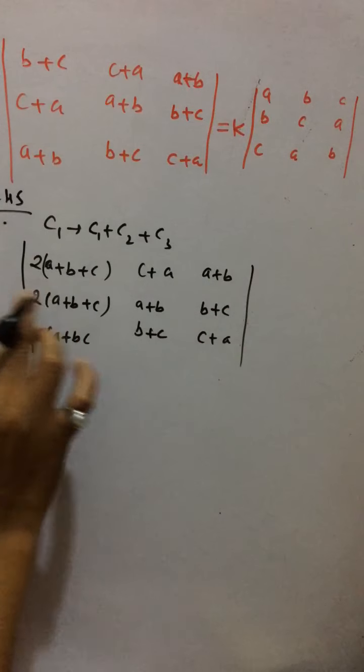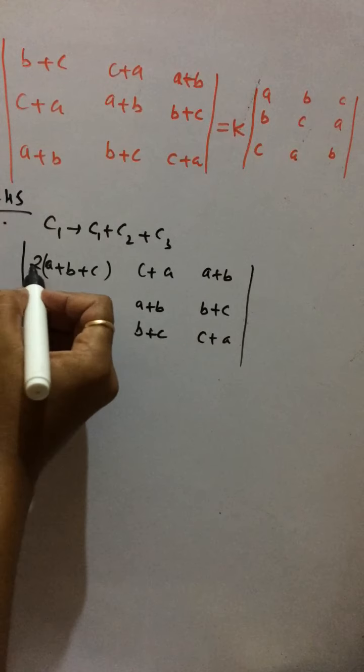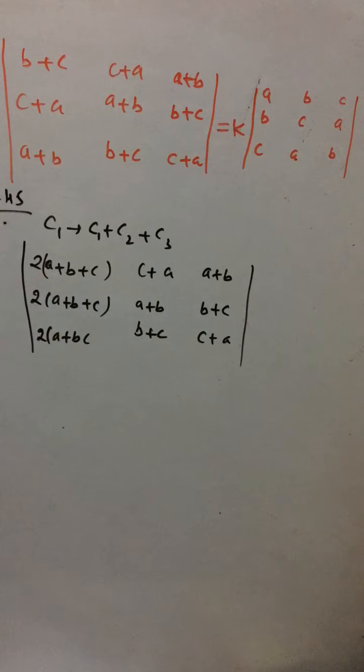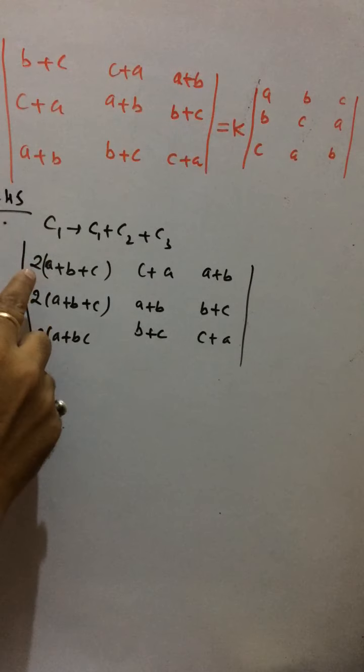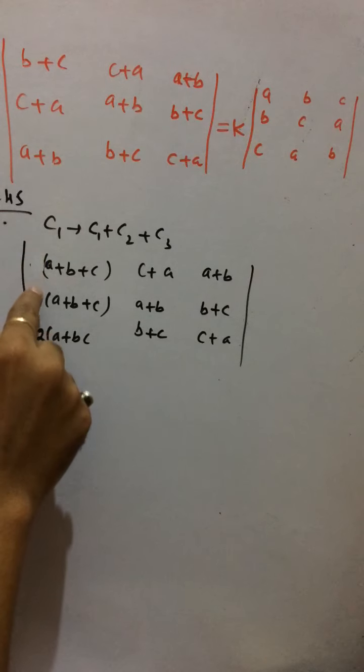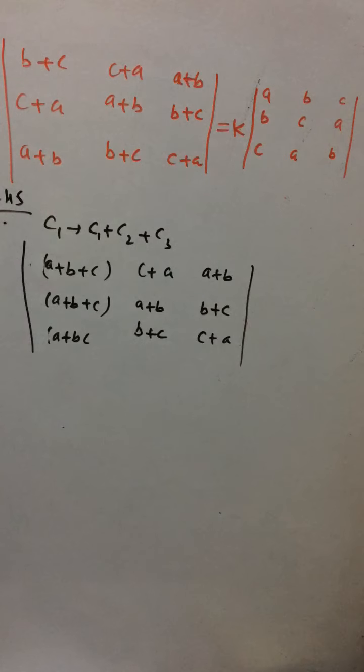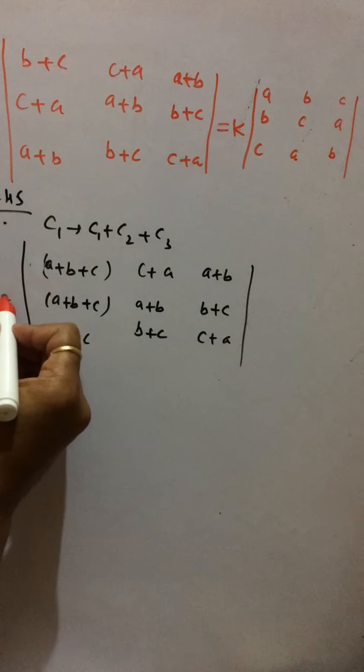So you can take out the common multiple here from column 1. So 2 will come out, and you can write 2 outside.